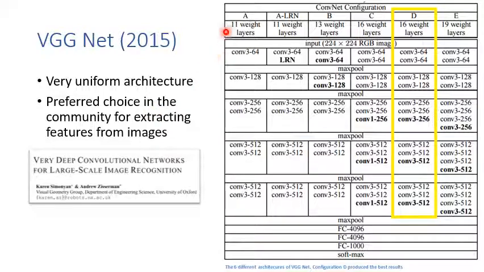The authors tried different configurations, but the 16 weight layers version has achieved the best results. So usually we use the VGG 16 version. We have used VGG to extract features for our cats and dogs dataset in the previous example.